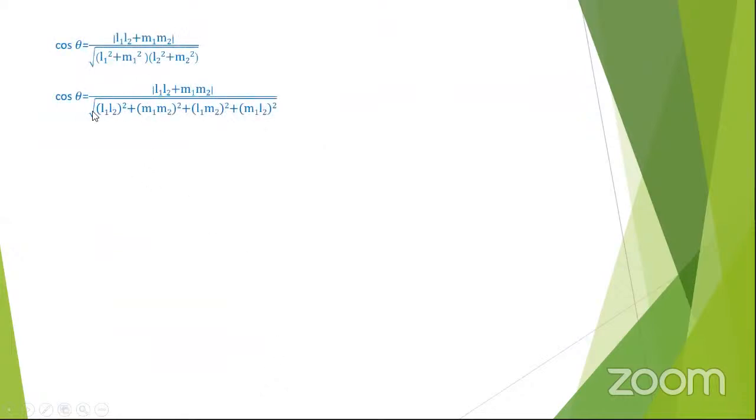Then next, when we multiply this, cos theta can be written with the numerator as it is, and in the denominator we are multiplying each term. L1 square into L2 square, that is (L1 L2) whole square.